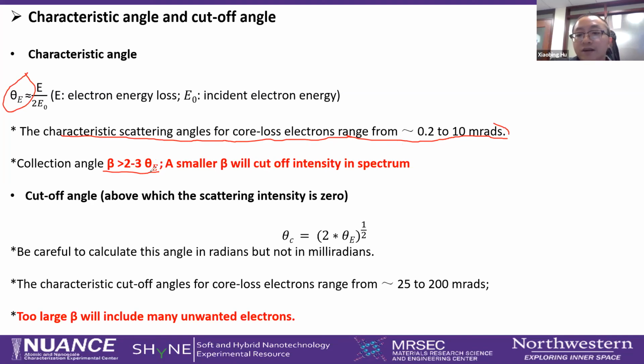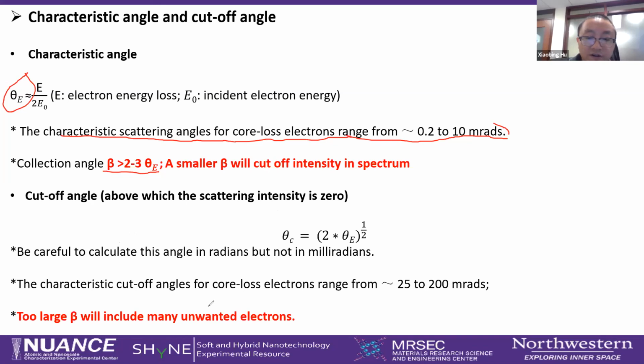Sometimes you need to change your camera length, as I introduced in the previous 3 slides, to change the collection angle. Another thing is the cutoff angle, which is the maximum scattering angle of your elements.